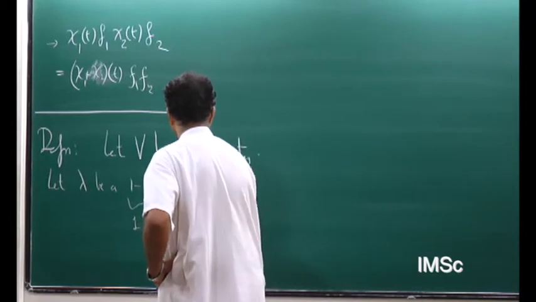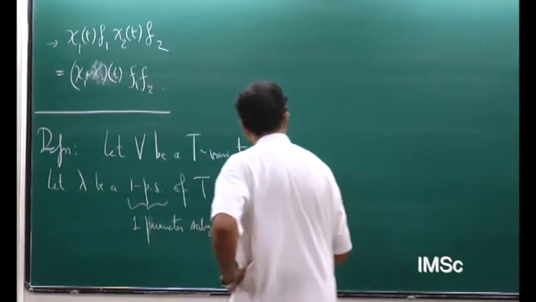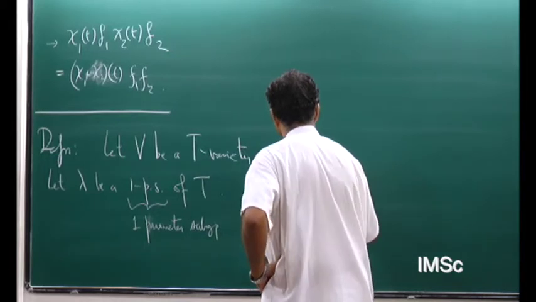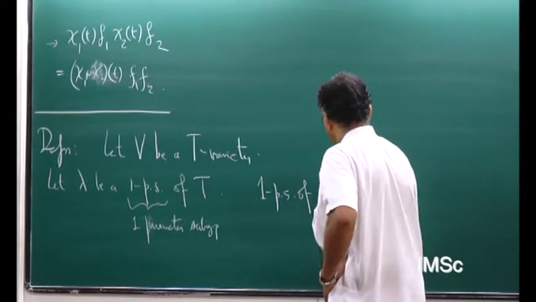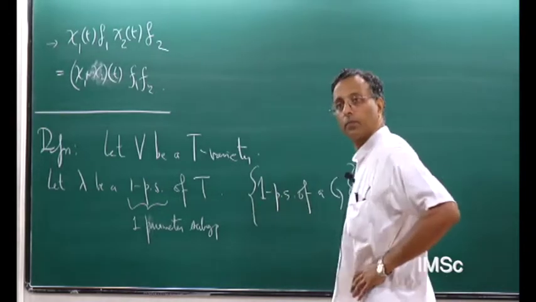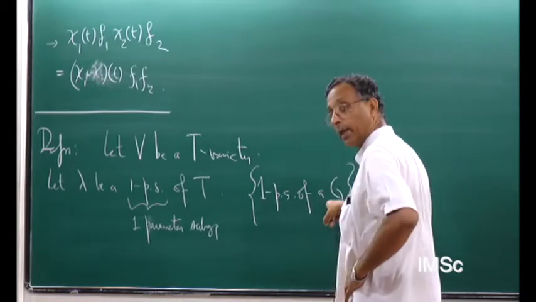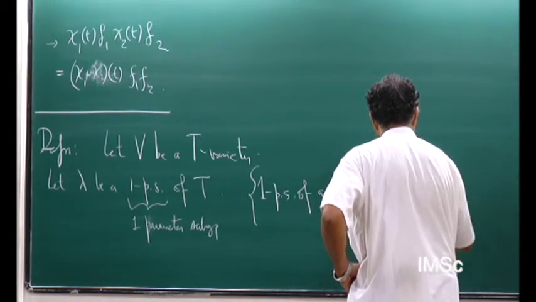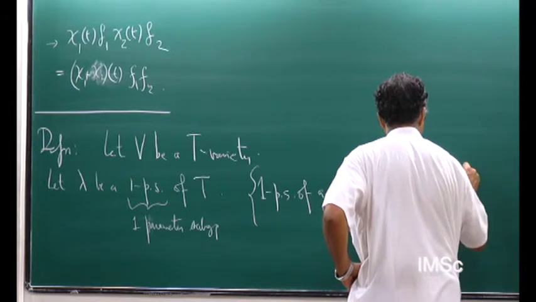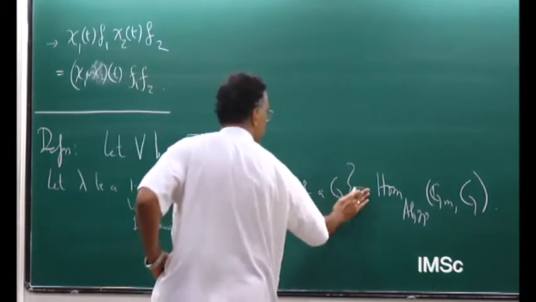So one parameter subgroups of a group I am defining is just this set, Hom as algebraic groups of Gm to G. This is the definition.